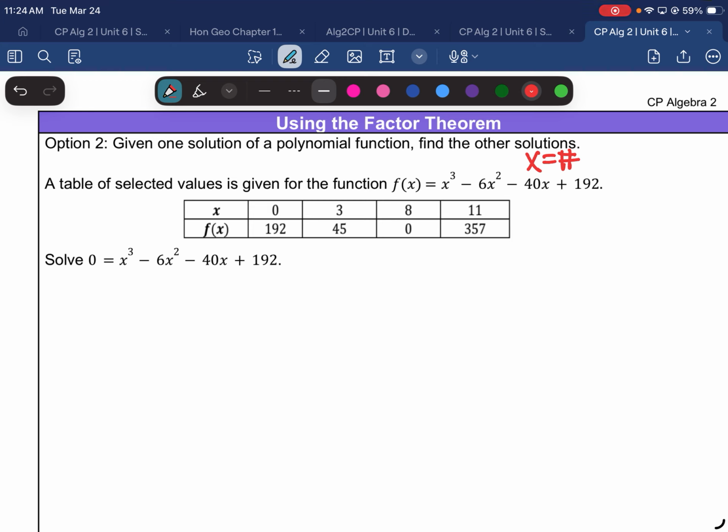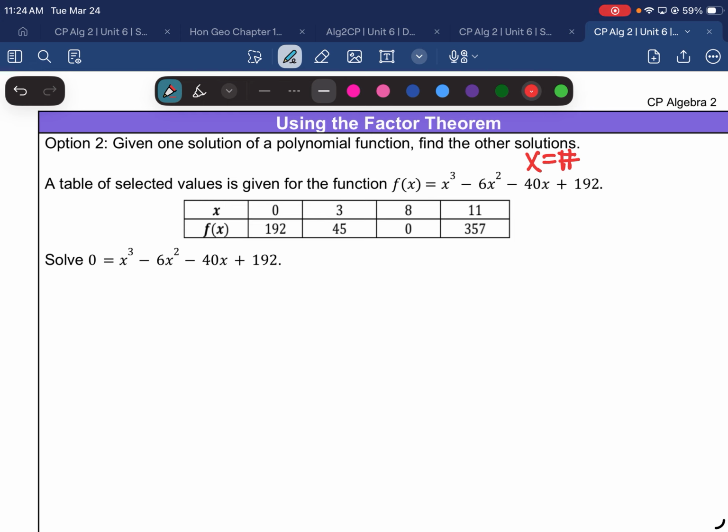All right, so here I've given you a table of values for this polynomial. These are your input values and these are what you get out. I want you to solve this equation when y equals 0, when your output is 0. You were doing this using factoring, but I'm going to tell you, factoring's not going to work.